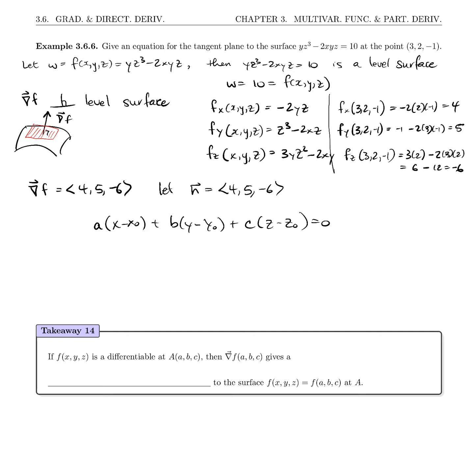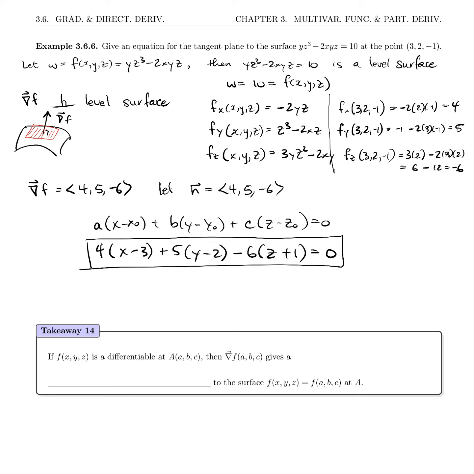I have 4(x minus 3) plus 5(y minus 2) minus 6(z minus minus 1, so z plus 1) is equal to 0. So there is the equation of our tangent plane at the point (3, 2, -1).